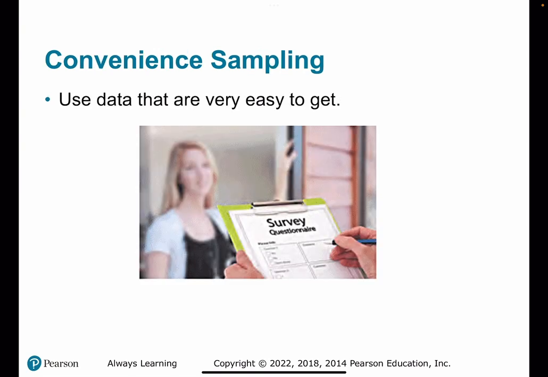Convenient sampling is probably not the best. That would be where you're just using data that's easy to get. And that's not good. It's like voluntary response sampling. That's also not a good way to do things.